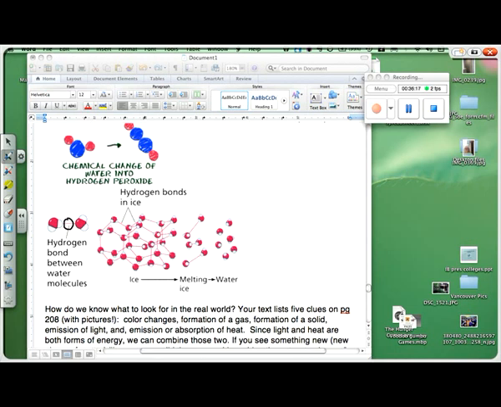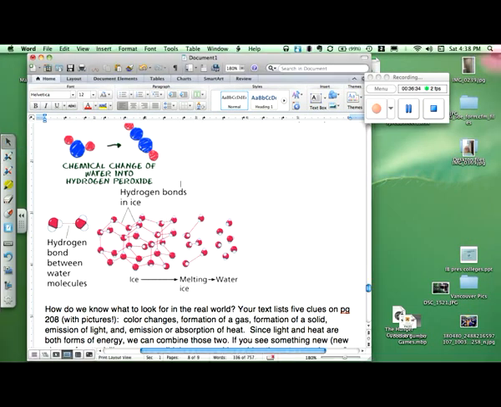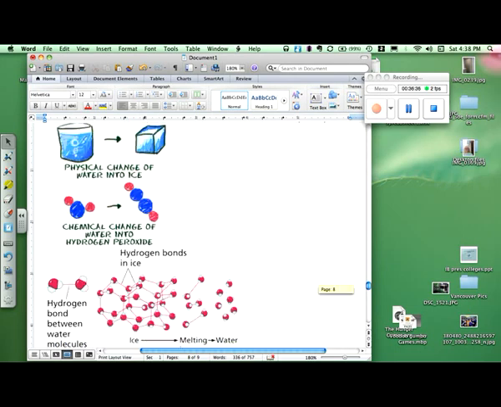And therefore I have changed the spaces between them, and I have changed their speed, but I have not changed the particles themselves. You see that these particles are exactly the same as these particles.